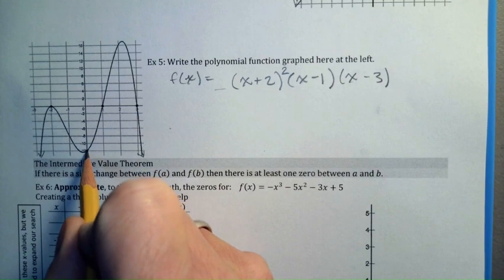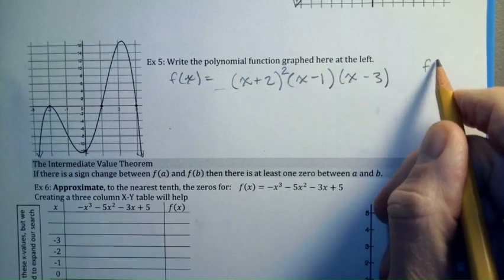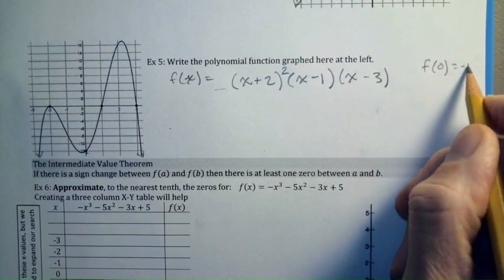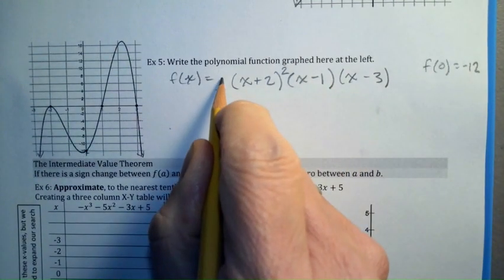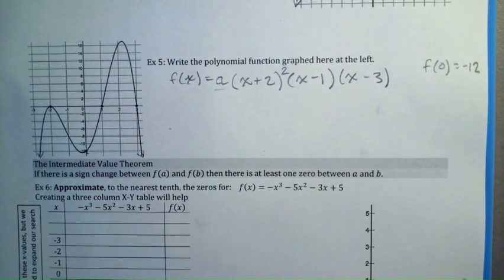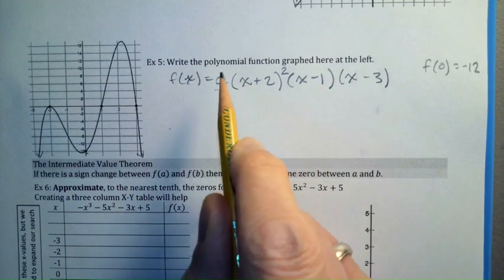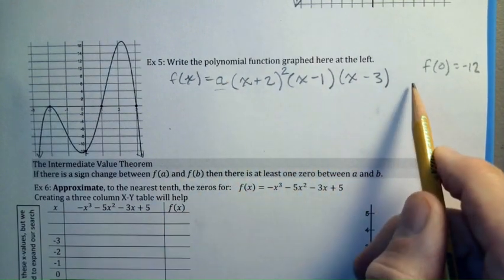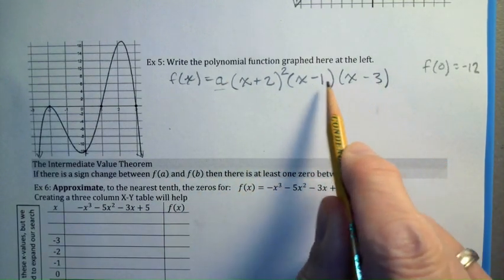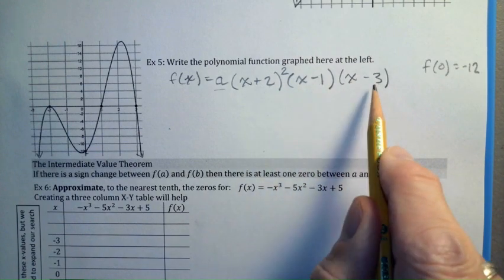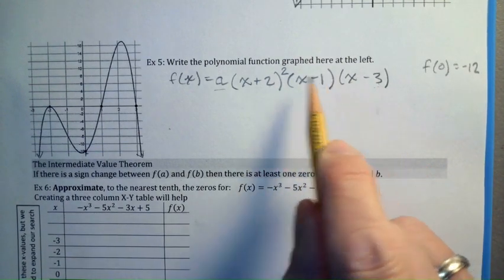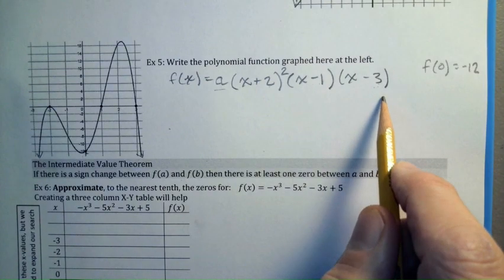But notice that it crosses the y-axis at -12. So that means f of 0 equals -12. So we're going to have to think about some a in front here, right? Because if I just multiply all this together, I would end up with a constant at the end that looks like positive 6.